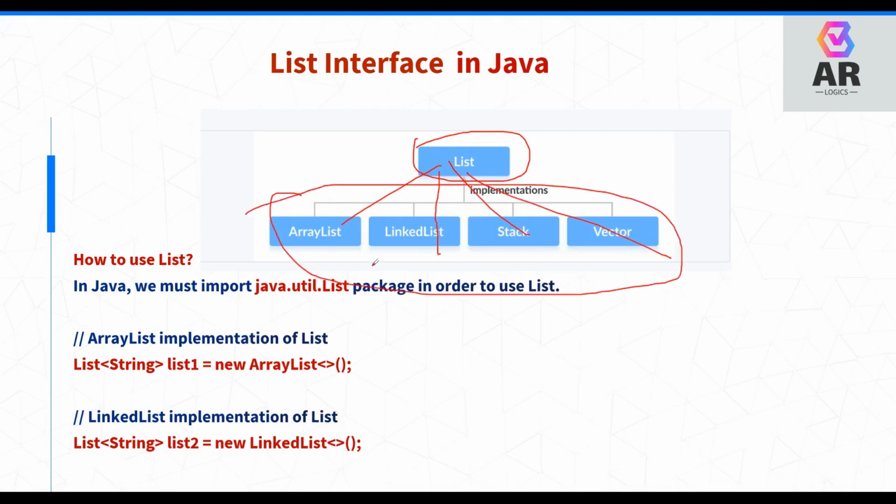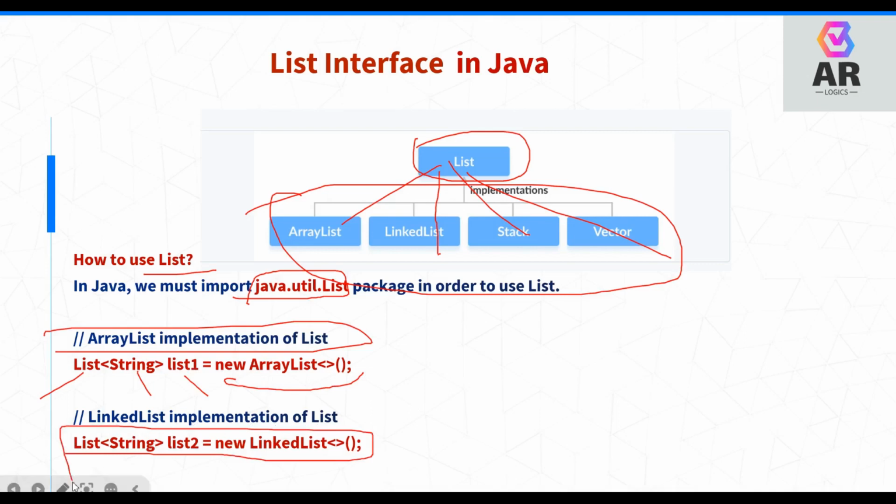List belongs to the java.util.List package, which we need to import when declaring this. Based on your requirement, you can declare a list of String, Integer, anything. List with ArrayList is one type of implementation. Similarly we can declare a LinkedList.